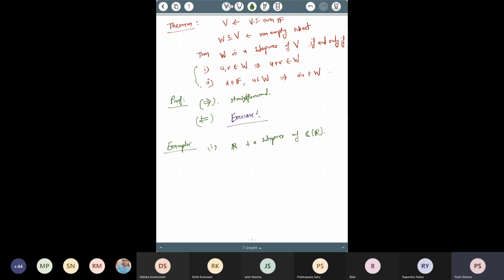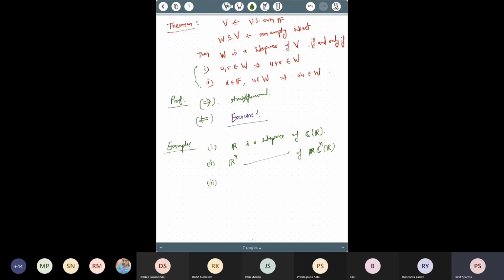By definition, they are subspaces, and they are called the trivial subspaces. Now I'm giving you examples of some non-trivial subspaces. Similarly, Rn is a subspace of Cn over R.